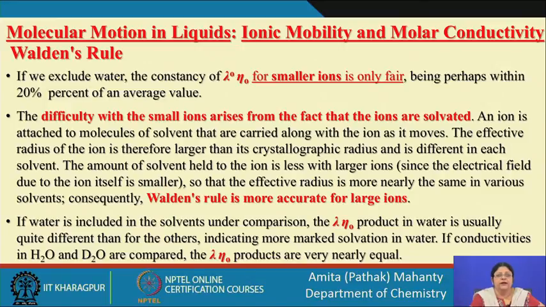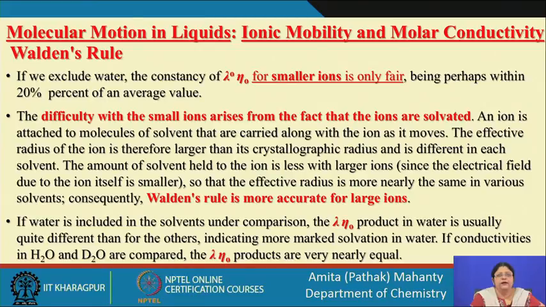Okay. If I compare two types of solvents, and if we want to measure the conductivities and take into account the viscosity coefficient of the solvent, if water is included as the solvent under comparison, the product of lambda and eta naught is usually quite different from that of the other solvents.